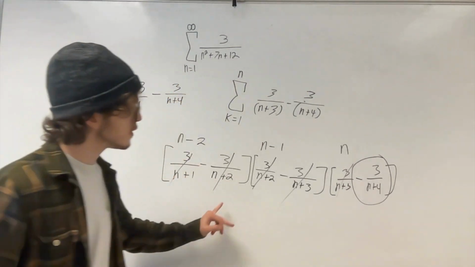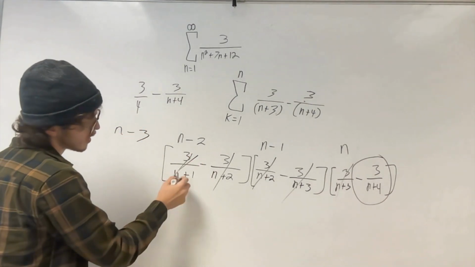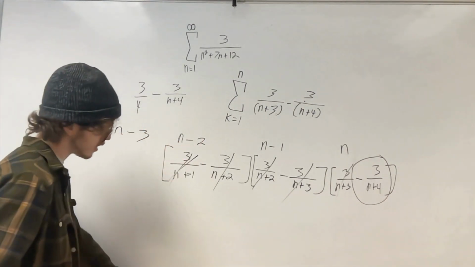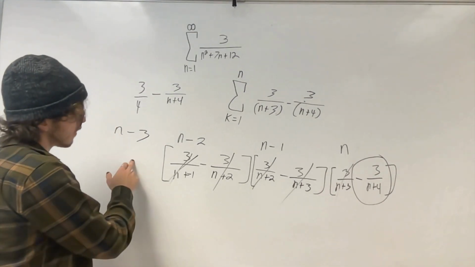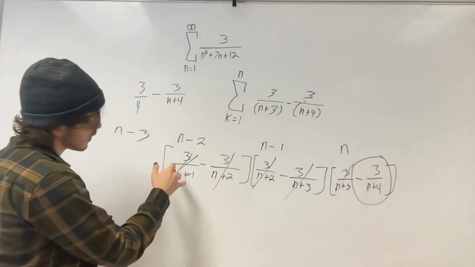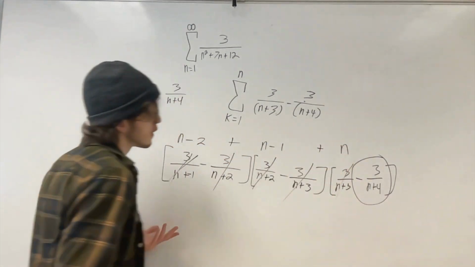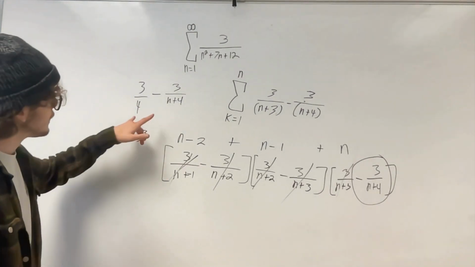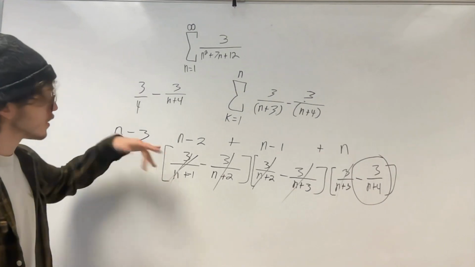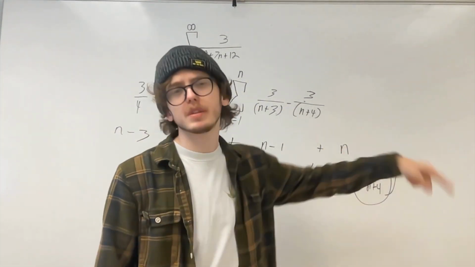Notice that each term is canceling out. If we went to n minus 3, we'd notice that we'd see a common term here and we could cancel it out because it's going to be subtracted by a negative, and then we're adding this, okay? Because realistically, we're adding all these, right? But we're just listing them out like this to show that they cancel out. This would cancel, and we'd be left with this because we can't go to n plus 1.